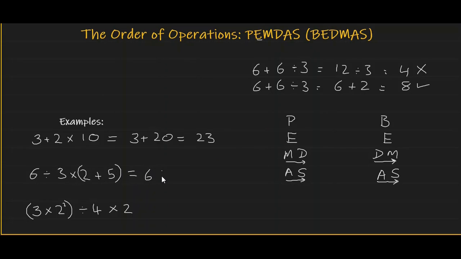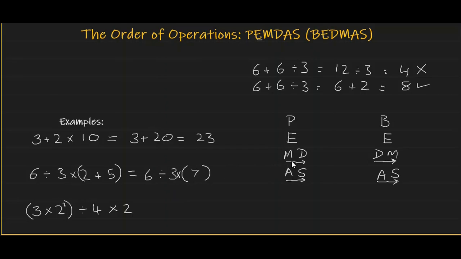You would still have 6 divided by 3, and then solve the brackets first: 2 plus 5. Now you have two options. You could divide first or you could multiply.